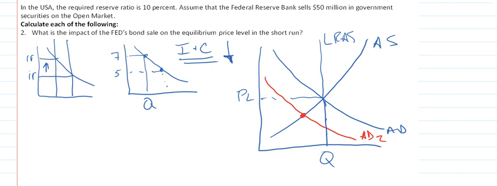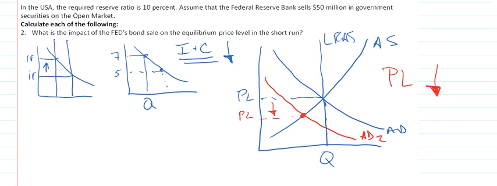And it wants to know what is going to happen to the equilibrium price level in the short run. The price level in the short run should decrease. So price level should decrease, and I use that graph to kind of show you how I got there. Okay. Right. And that's kind of the point.